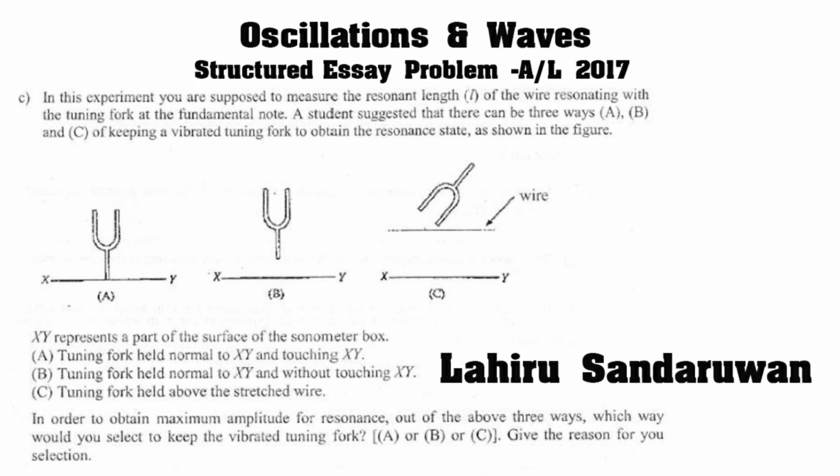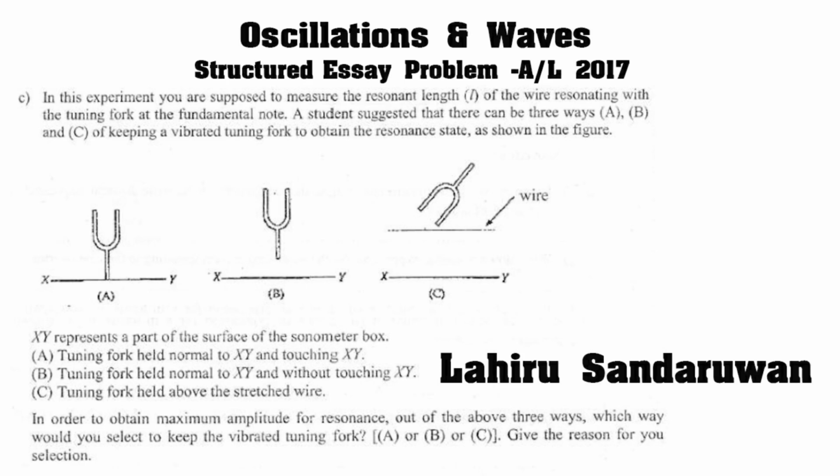XY represents part of the surface of the sonometer box. A: tuning fork held normal to XY and touching XY. B: tuning fork held normal to XY without touching XY. C: tuning fork held above the stretched wire.